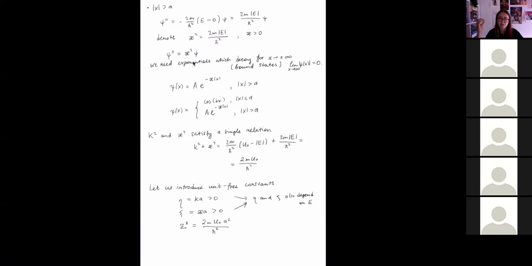So essentially, the deeper or the wider the well is, the bigger Z0 becomes.